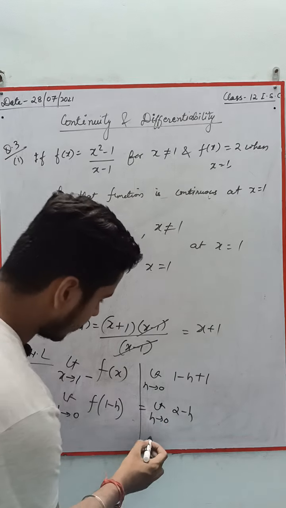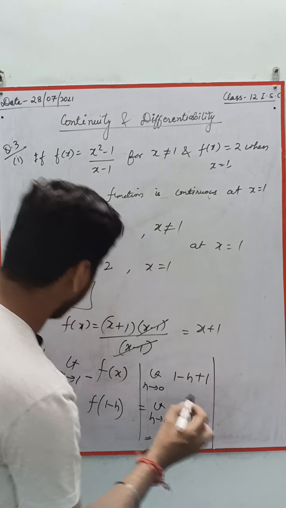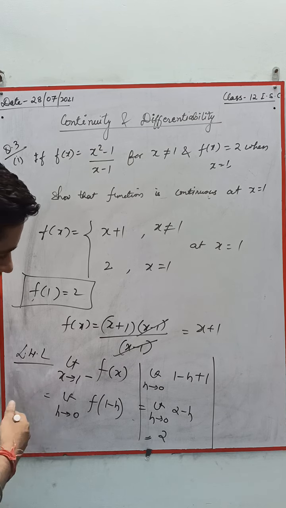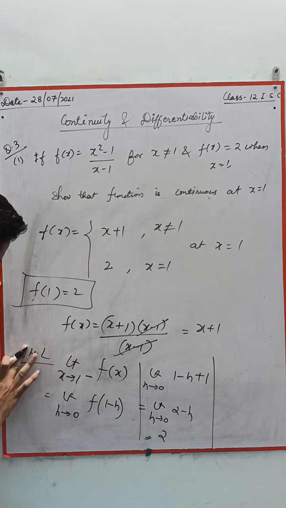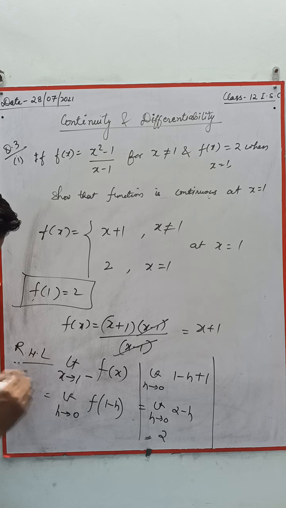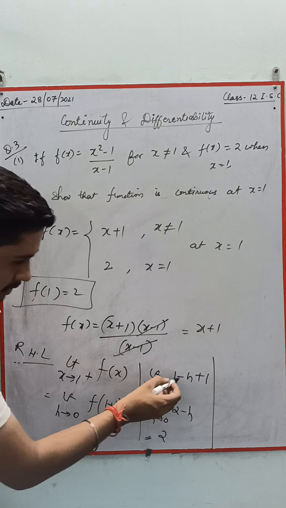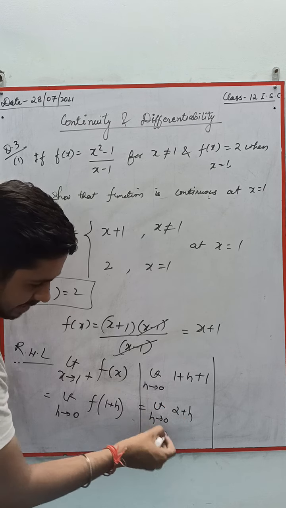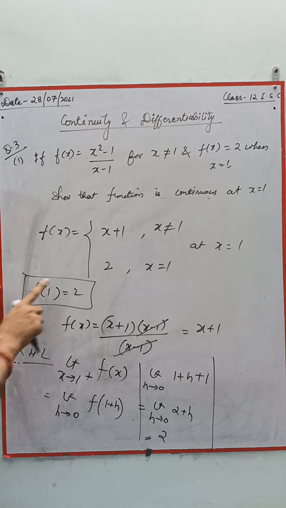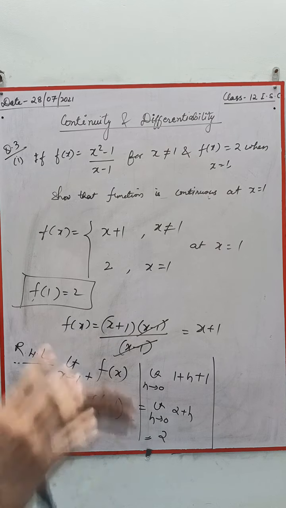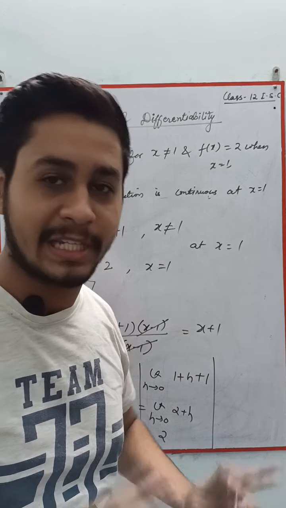Put h = 0, you get 2 as the answer. Keep it. Now for the RHL, here it will be plus, and the final answer will also be 2. So 2, 2 and 2, all three values are the same, hence it is continuous. Easy.